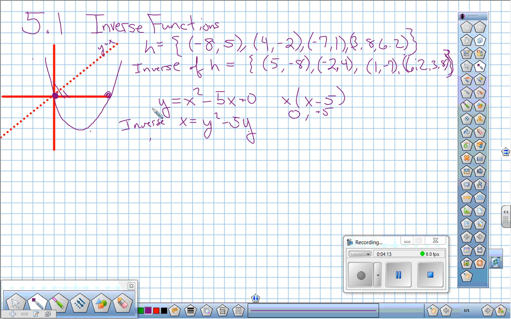Okay, and then in order to graph the inverse, I'm going to flip it across this dotted line that I have here. So I'm just going to redraw a graph on here, and then grab this.